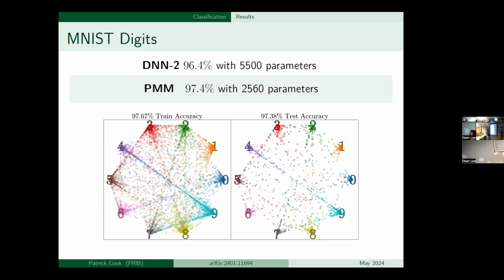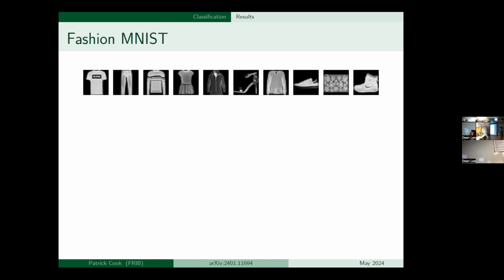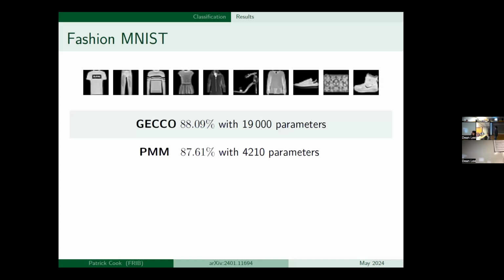It gets a bit more obvious in the next one. I don't want to go into the difference between a shirt and a t-shirt, but just know that somebody with a definitely important job labeled these properly. Same song and dance. They get this with that many parameters. We don't beat them.